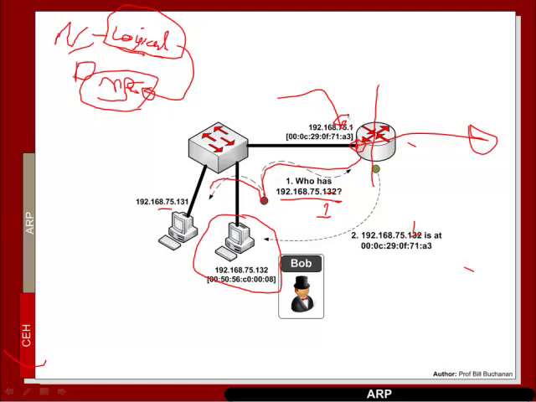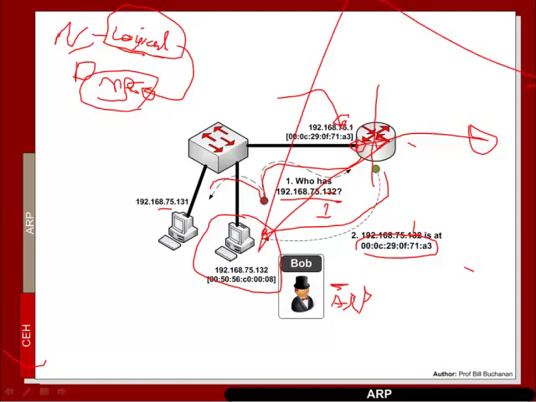Okay, so that's .1, and then we'll broadcast back only to Bob, because we're using a switch here, what the MAC address is of this port. Bob then adds it to what's called his ARP cache, so he doesn't have to request it for another while, and then he's able to communicate with a destination IP address and with the MAC address of the router port.